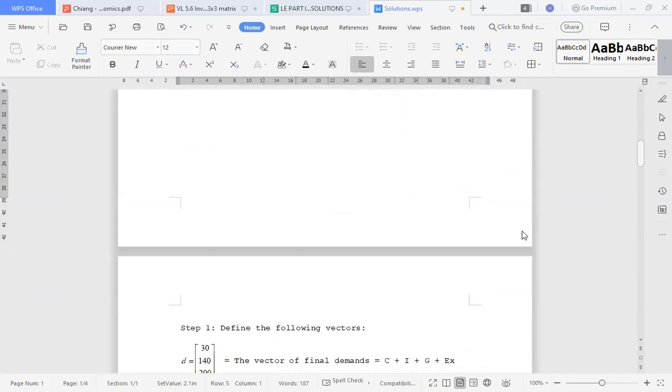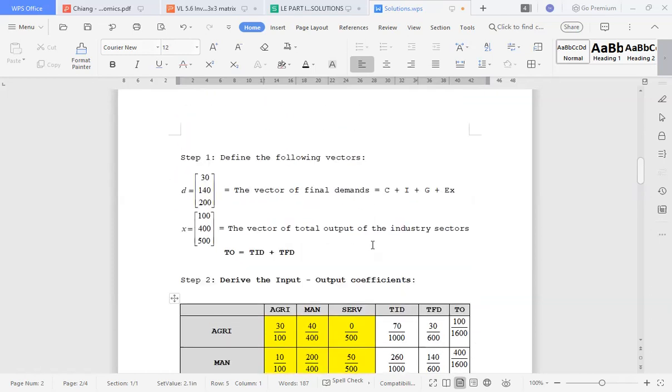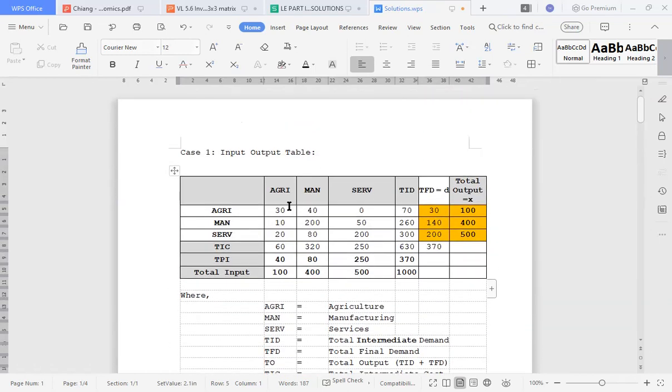Now, the next thing to do is to derive the input-output coefficients. That means you will need to divide each element by the column total, or the total input. Let's have this one in green.